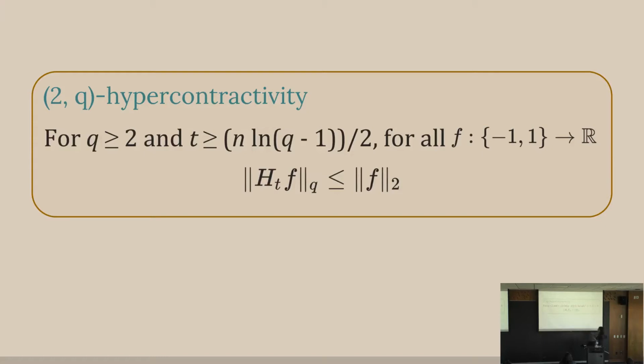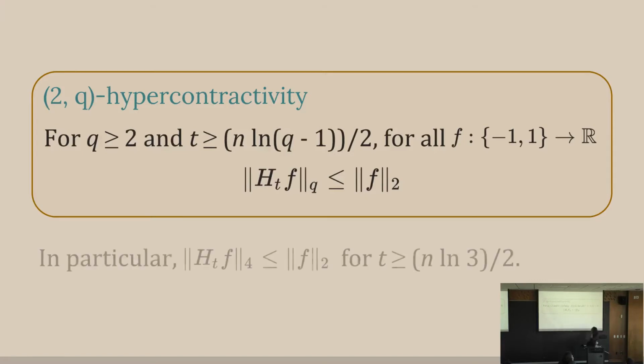So if you take approximately n steps, you will almost mix a function in the Q norm. In particular, if you plug in Q equals 4, you can get the exact constant of n that you need to use.